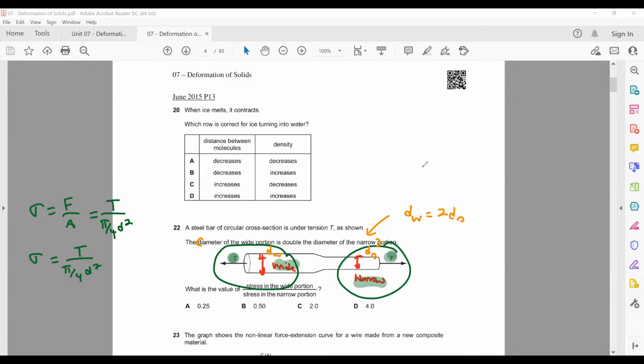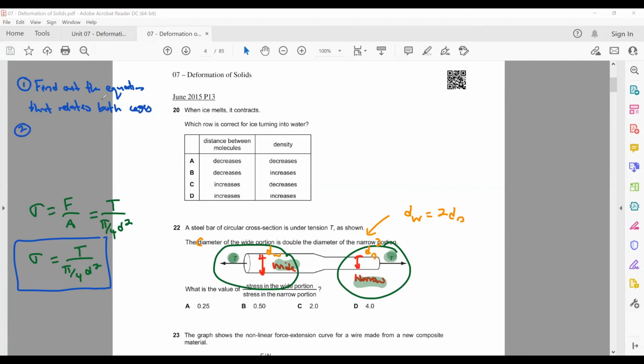Okay, so how do I proceed? When you want to use ratio method, number one, find out the equation that relates both cases.